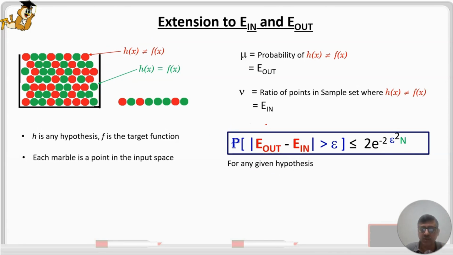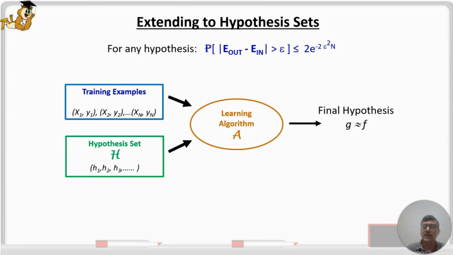This looks great because this is what we set out to do. Are we now saying that this is simply our delta and we are done? Looks interesting. Not quite, because the earlier slide applies for a single hypothesis. For any hypothesis in the hypothesis set, this equation applies.